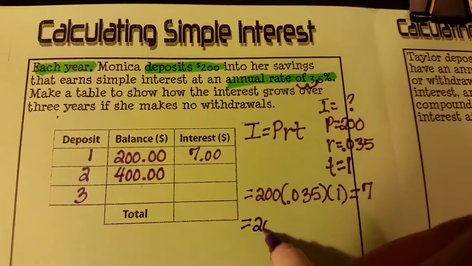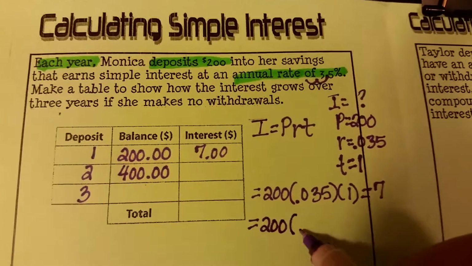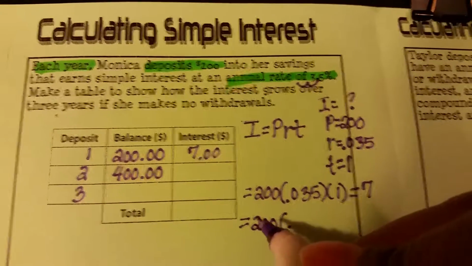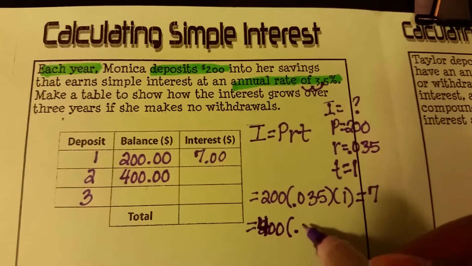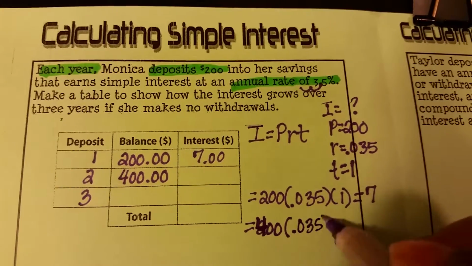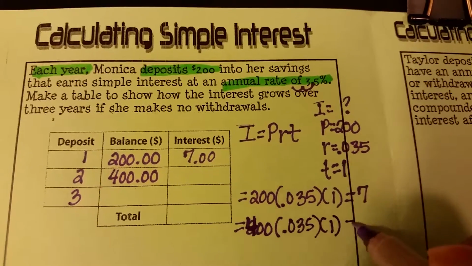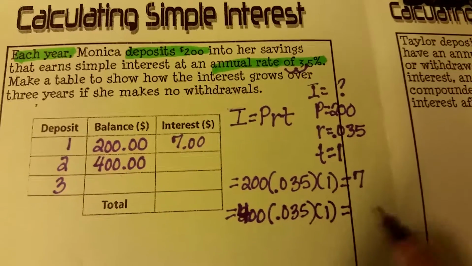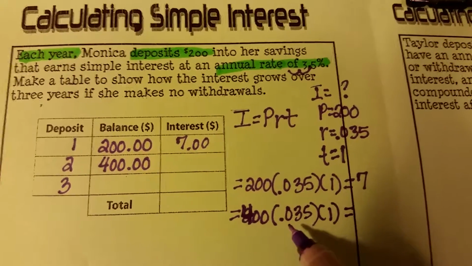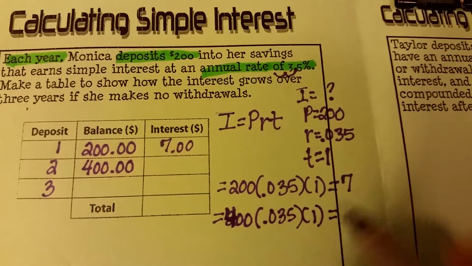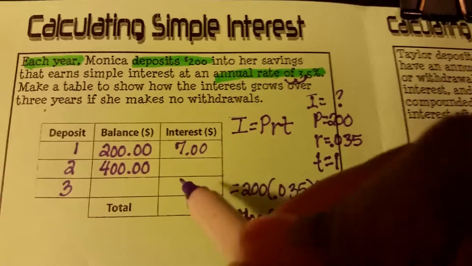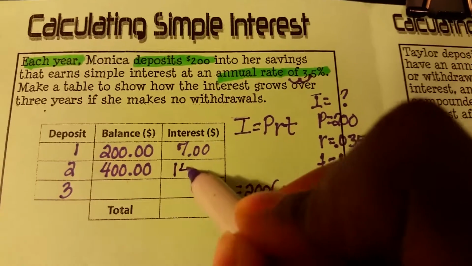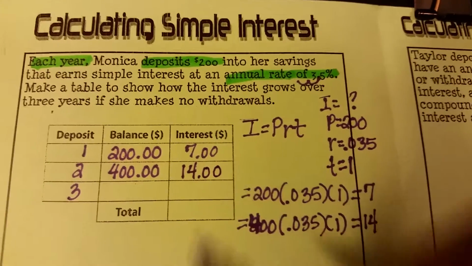We do the same thing here: 400, because we're in year 2, times 0.035 times 1. Remember, multiply the first 2 numbers, get an answer, and multiply it by the last one, and we would get 14. So my interest here would be $14.